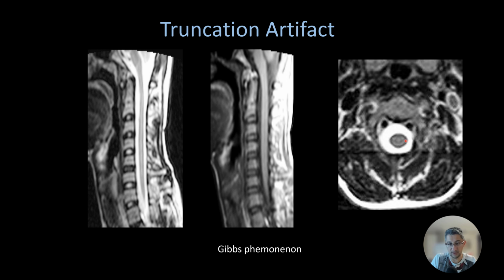You can see it on the axials or even in T1 in the cord. This occurs as multiple fine parallel lines immediately adjacent to high contrast interfaces. You can correct them by increasing the matrix size or by using some specific smoothing filters.